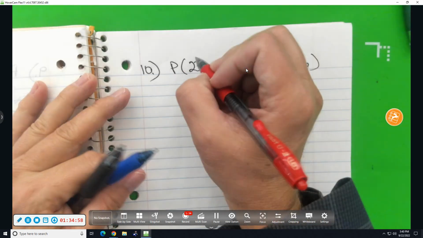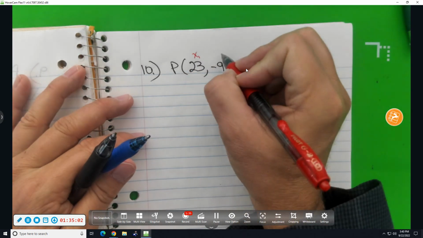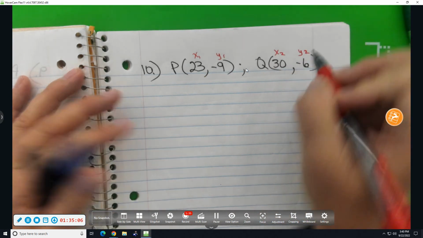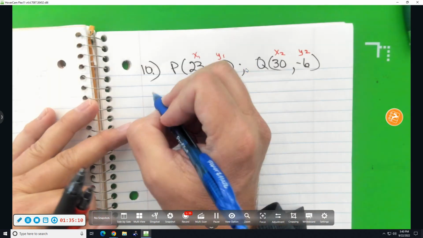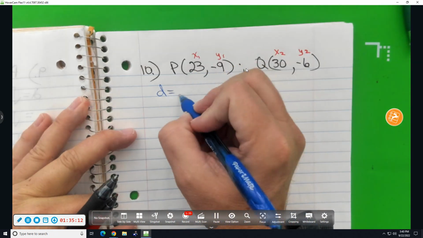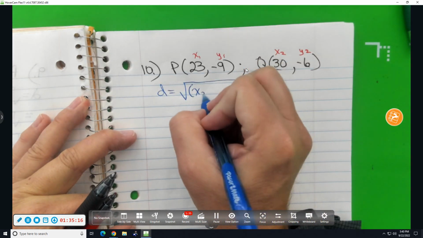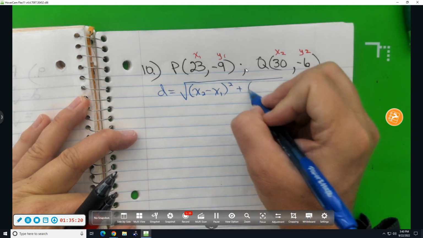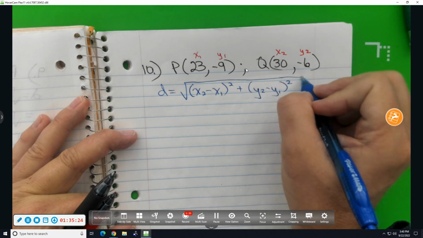As I said, I like to label the ordered pairs x1, y1, x2, y2. For the distance, subtract the x coordinates squared plus subtract the y coordinates squared.